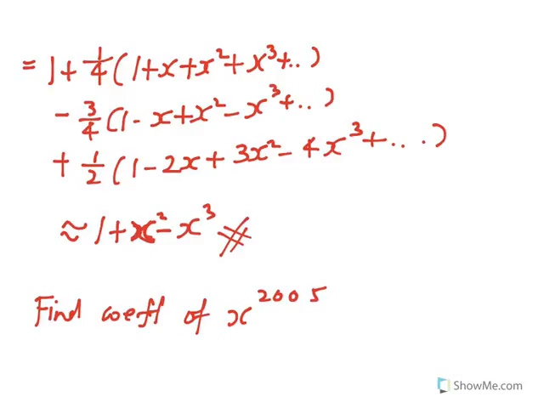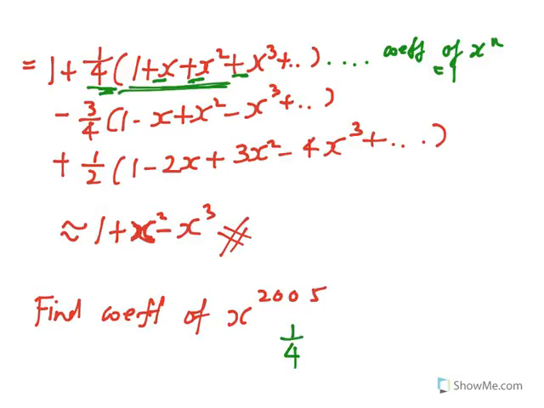You just tell me, if I look at this 1/4, what's the coefficient of x power 1? 1. Coefficient of x power 2? 1. Coefficient of x power 3? 1. So you can see that all the coefficients of x to the power n in this case are just 1. The next one, what do you have?